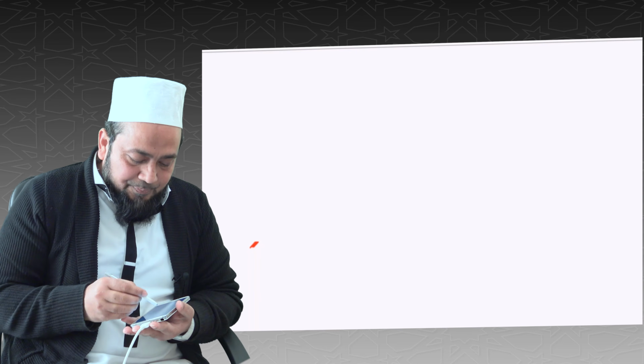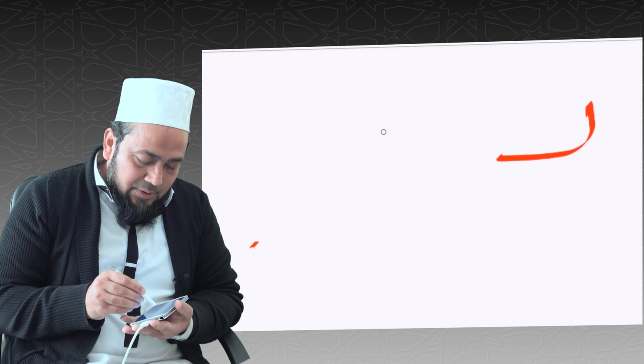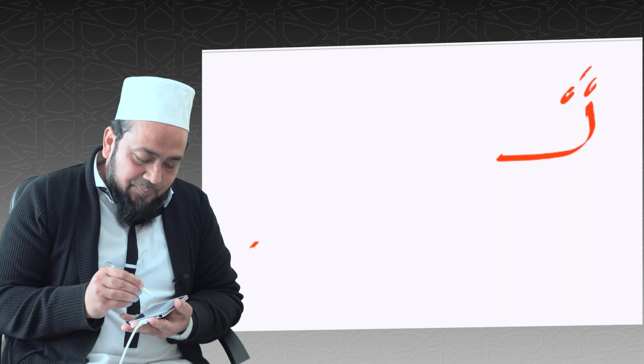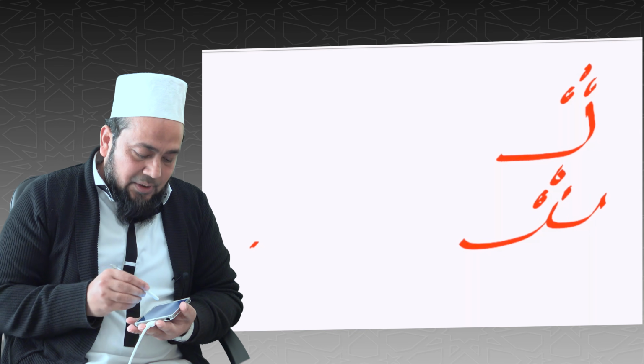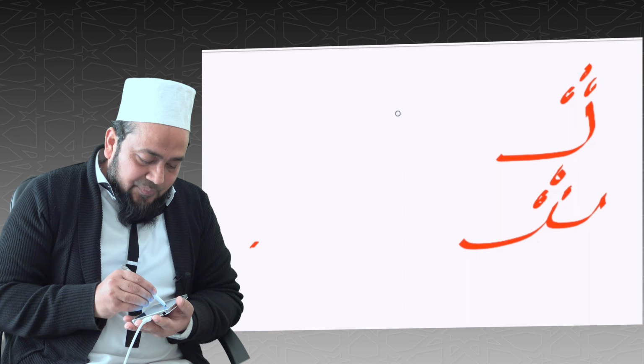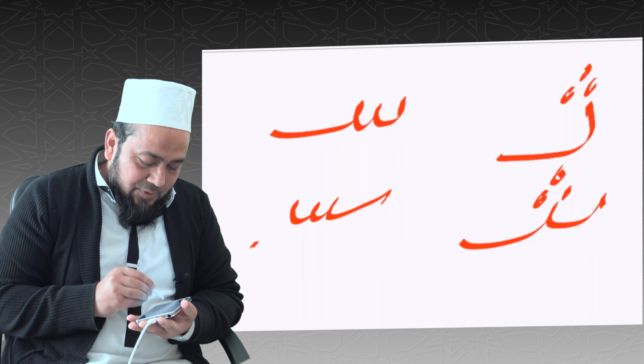Let me show you. The standalone shape of Tha is this one, the beginning shape and the middle shape are this one. For the Shin, the beginning shape is this one, and the middle of the word shape is this one.